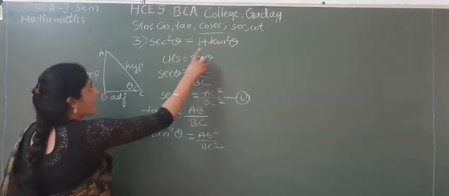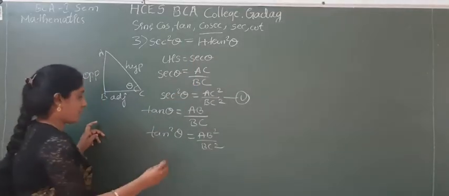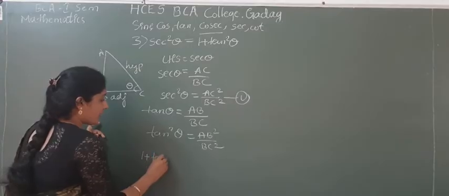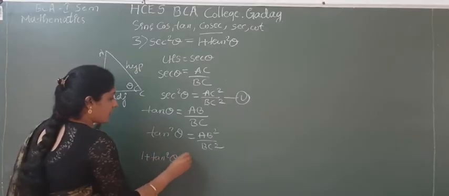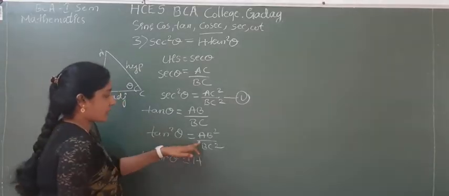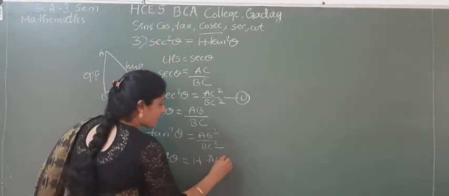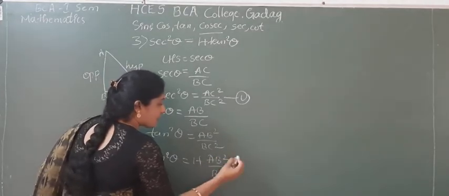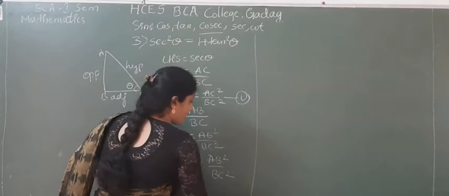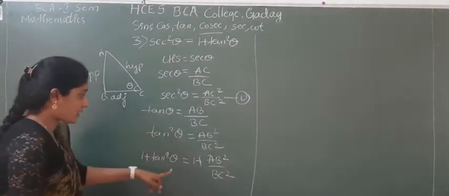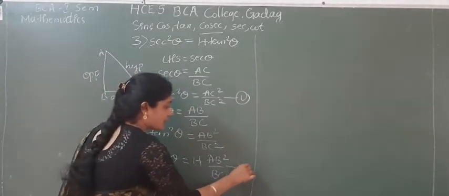So now what is RHS here? 1 plus tan square theta is equal to 1 plus, what is tan square? AB square divided by BC square.